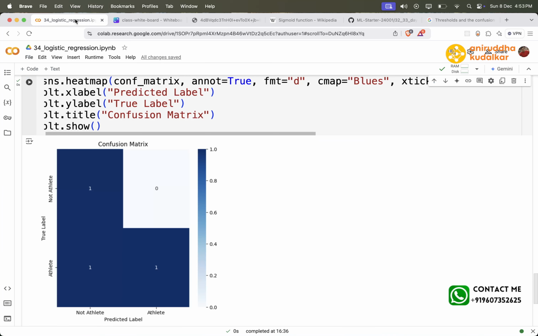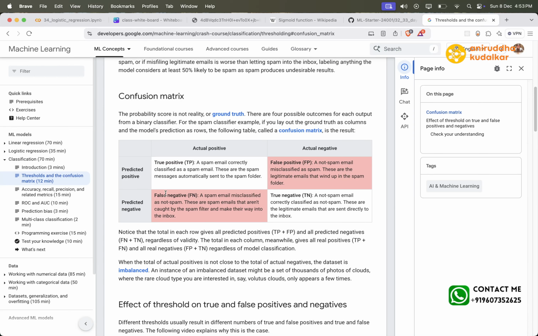So if you go to our example, the true labels and the predicted labels. If you see once again, predicted negative, but it is actually positive. That is a false negative: a spam email misclassified as not spam.